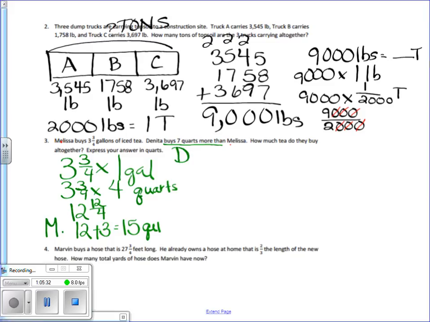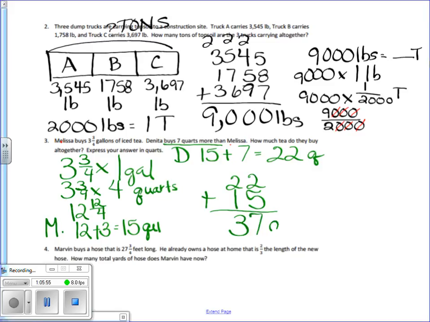So Danita is 15 plus 7 equals 22 quarts. How much tea do they buy all together? 22 plus 15. 37 quarts. Done.